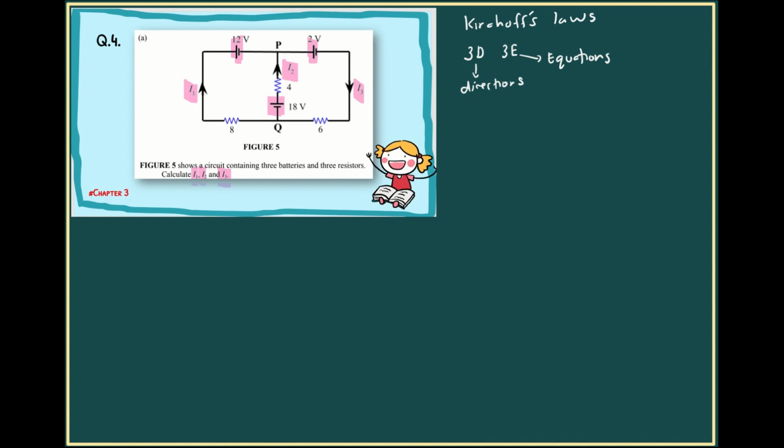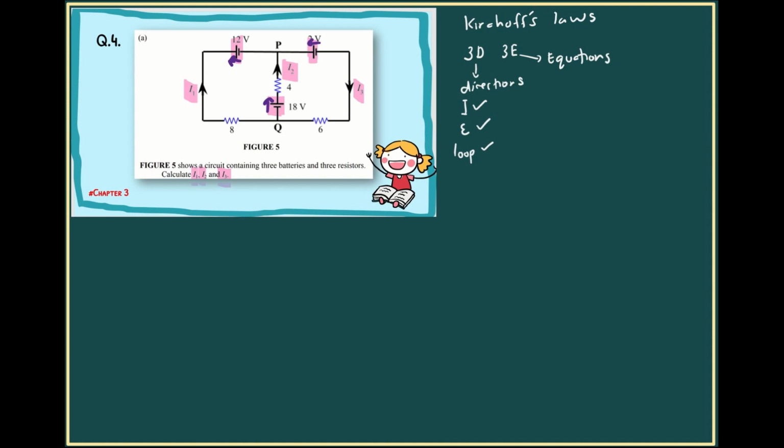So we start with direction. You're supposed to have the direction of I. The direction of I is already drawn for us, and then the direction of EMF is supposed to be from negative to positive, negative to positive, negative to positive. And the last one, we want to draw the direction of loop.